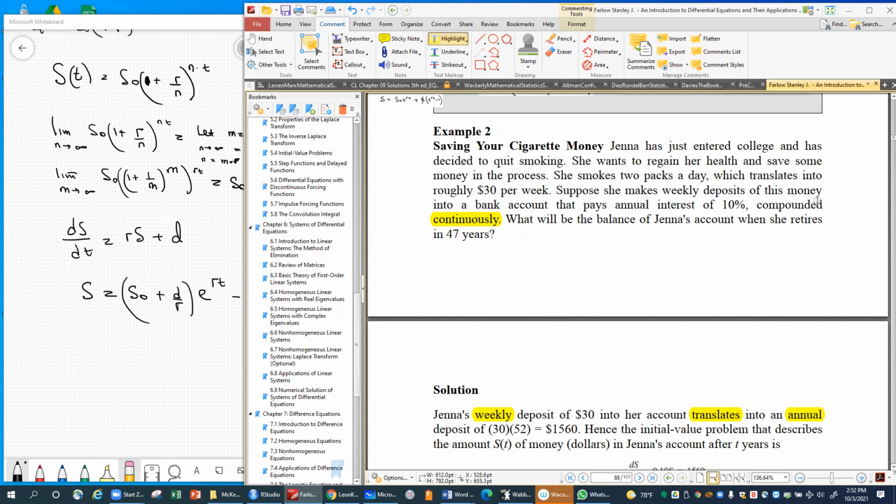Suppose she makes a weekly deposit of this $30 to the bank instead, and the bank pays an unbelievable rate of 10%. Good luck finding that. But let's say it's compounded continuously. When she retires in 47 years, how much money will that give her, okay?